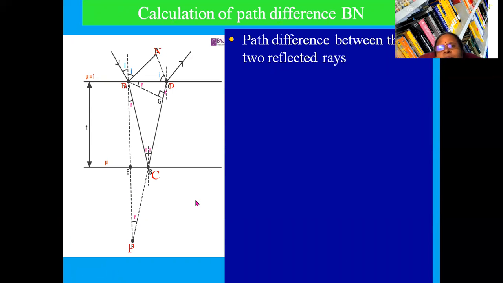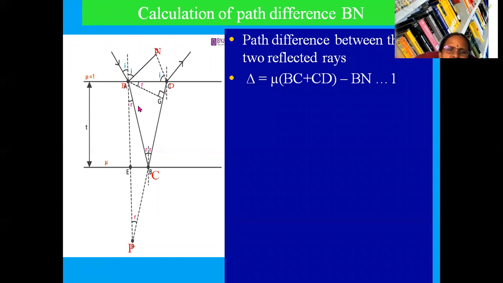Path difference between the two reflected rays R1 and R2 is what we are interested in, and that is denoted by delta, and that is equal to mu into BC plus CD. Why mu into BC plus CD? Because this is a medium other than air.